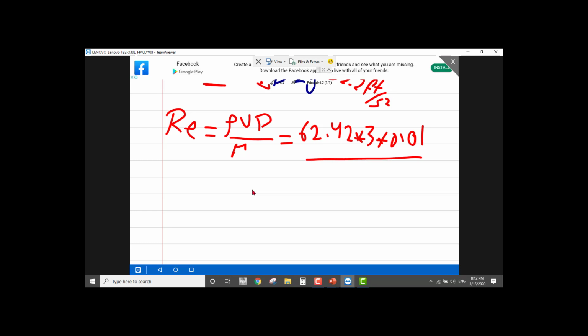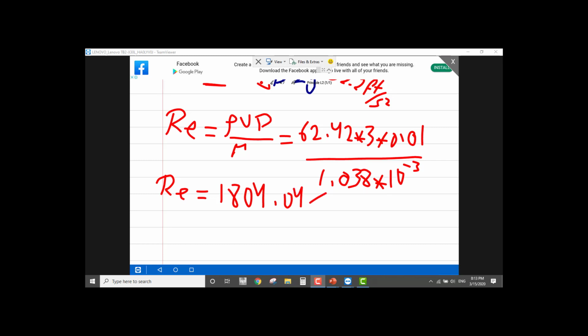So viscosity equals 1.038 multiplied by 10 to the minus 3. And the Reynolds number will equal 1804.04, and this is less than 2000.